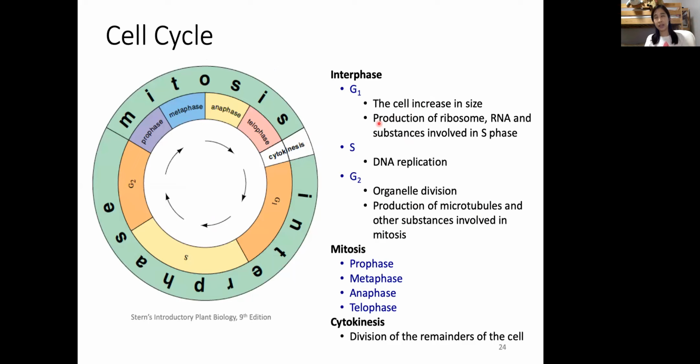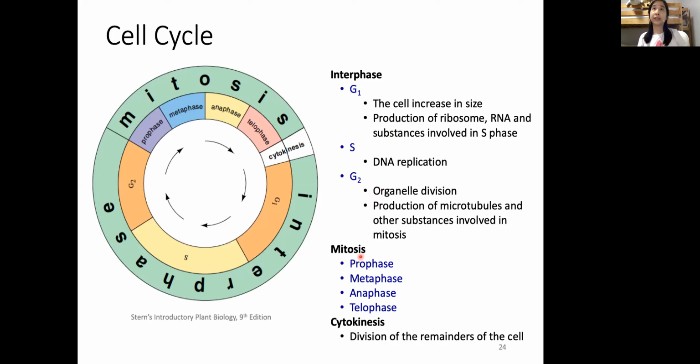Something like the cell increases in size, produces the ribosome, RNA, and substances involved in DNA replication, organelles division, and production of microtubules and some other components that are important for mitosis.